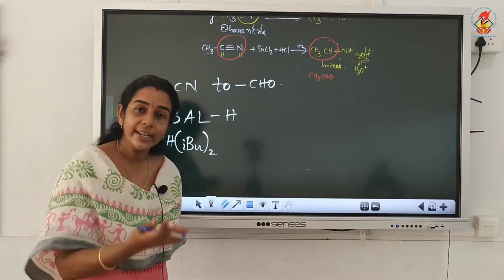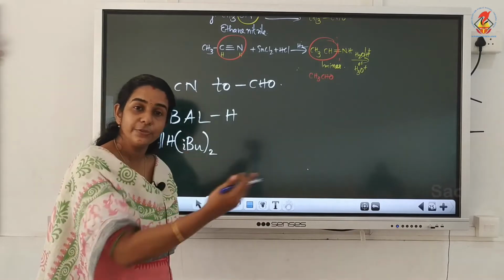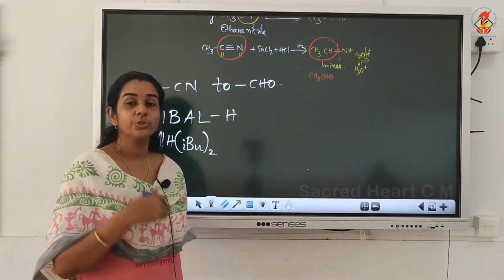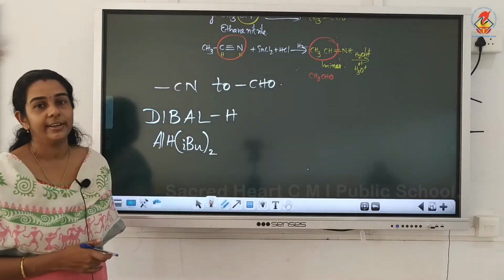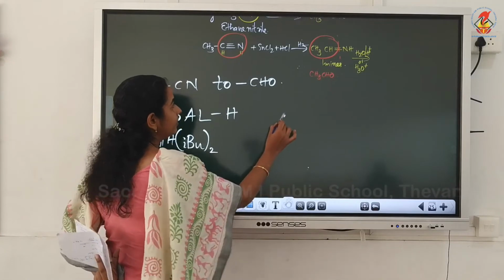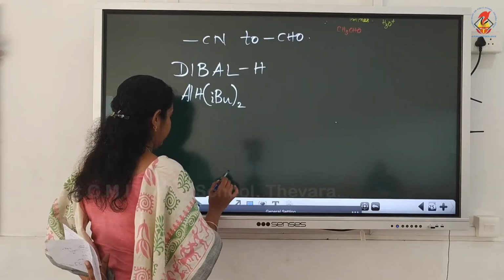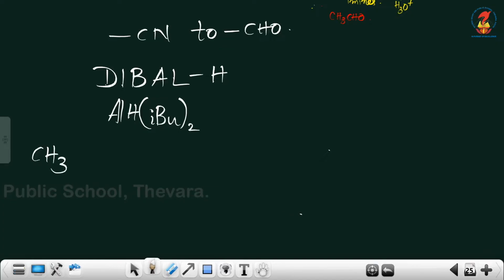If we use only dibal-H, we won't directly get aldehyde. Definitely, like Stephen reaction, we have to do hydrolysis also. So treat with dibal-H followed by hydrolysis, we get aldehyde. For example, we can take the same ethane nitrile, that is CH3CN.